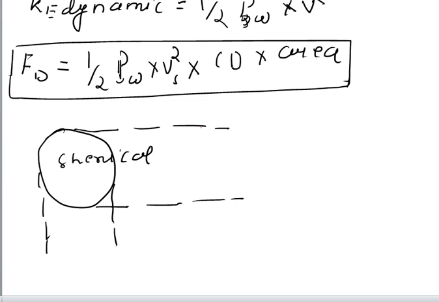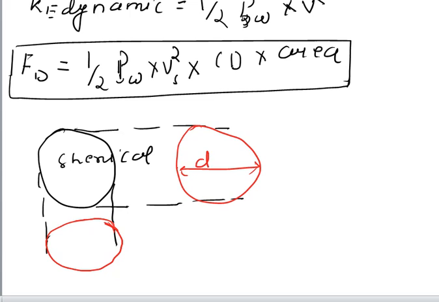This will be circular in shape, of the same diameter D as the solid. Both exposed surfaces will be circular.